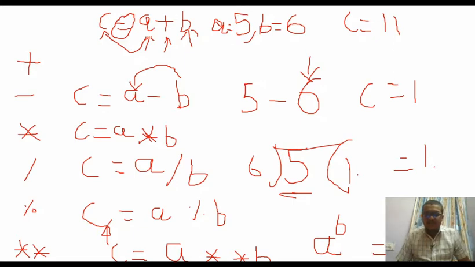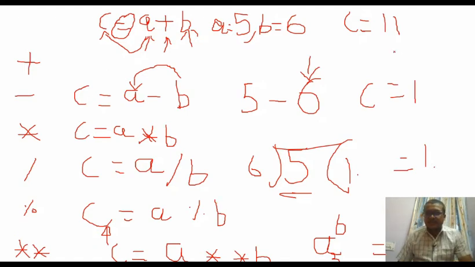The answer for 5 raised to 6 will be stored in C. If the content of A and B is 2 and 3, then 2 raised to 3 is 2 into 2 into 2, so the answer will be 8.